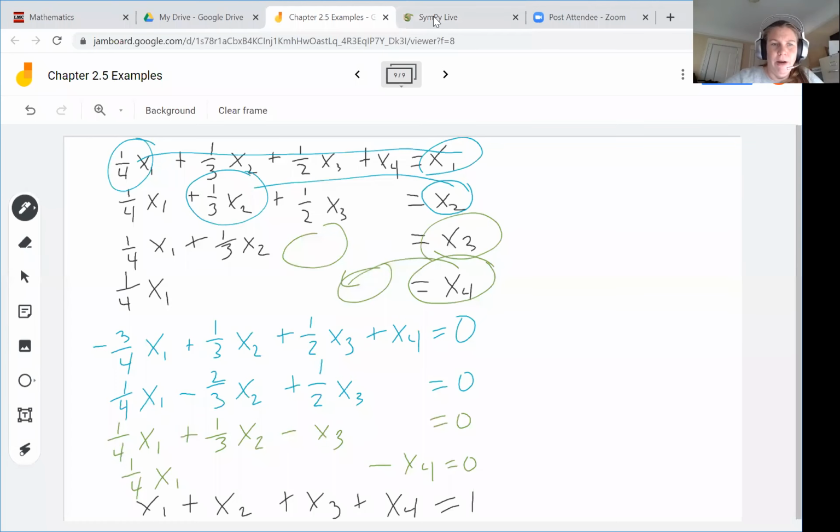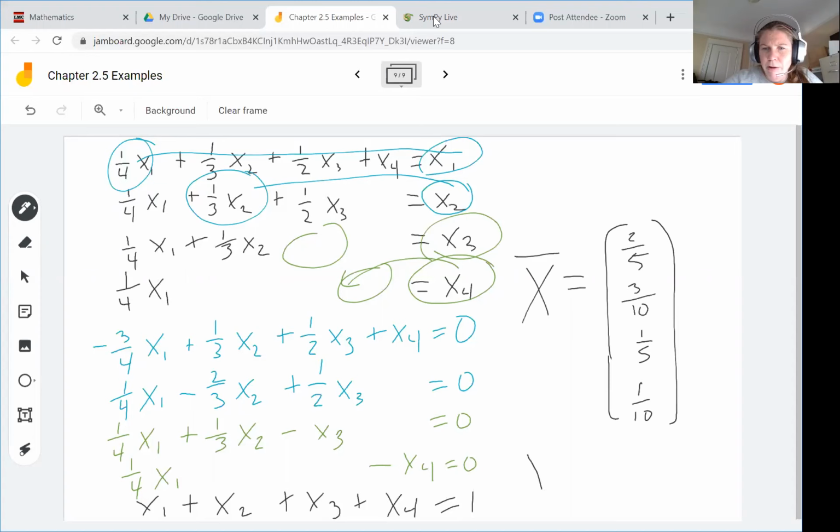So we can write our steady state matrix, x bar, as 2/5, 3/10, 1/5, and 1/10.